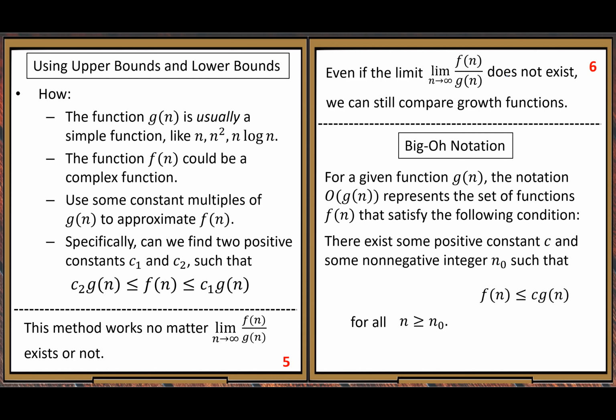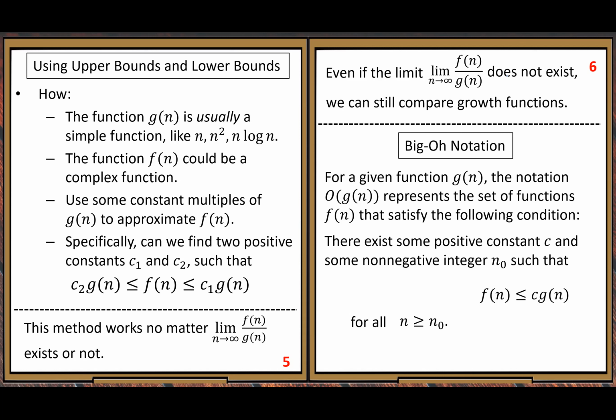That means, we know n means the problem size. Usually we say when the problem size is greater than or equal to some fixed constant number n0, passing that line, then we have the inequality.